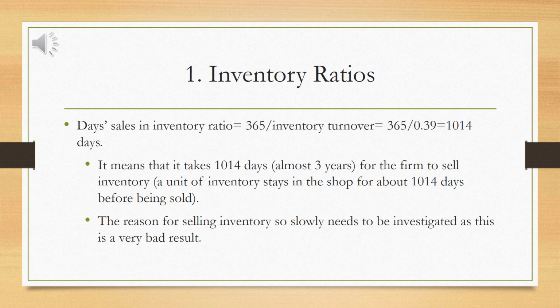It means that it takes 1014 days, which is almost 3 years, for the firm to sell inventory. A unit of inventory stays in the shop for about 1014 days before being sold. The reason for selling inventory so slowly needs to be investigated, as this is a very bad result.